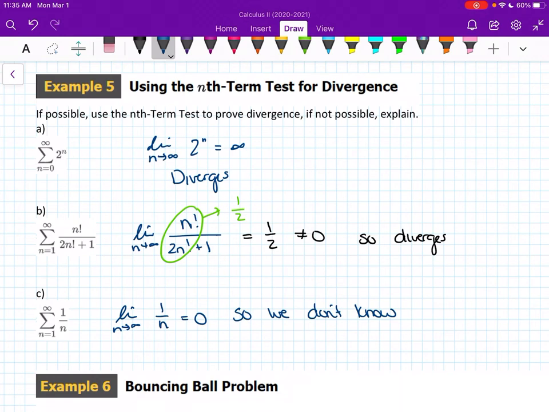This one, it does equal 0, so we cannot apply the theorem because the if part of the theorem isn't satisfied. Okay, we don't know since the limit is 0. In fact, this series actually diverges, which we are going to do in a later section.